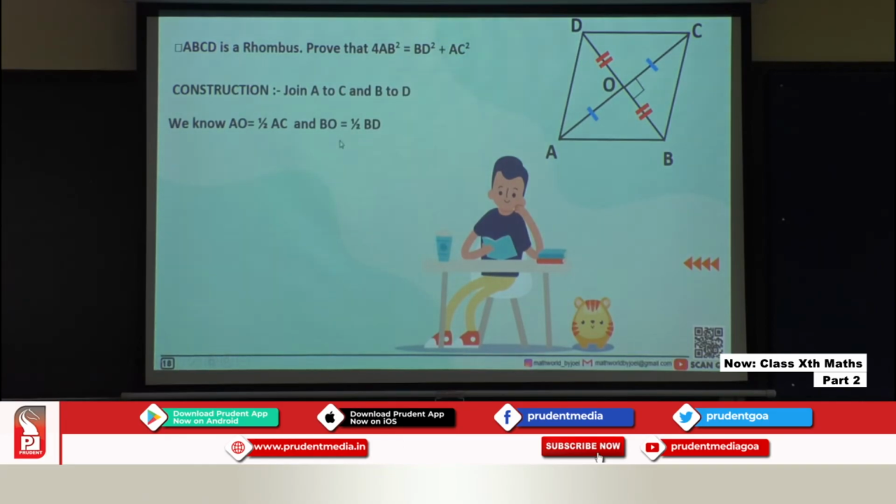Next, look at this triangle AOB, where O is 90 degrees. I'll use the Pythagoras theorem, which we have studied in the previous section. The 90 degree was over here, and exactly opposite that is my hypotenuse. So AB square is equal to AO square plus BO square.